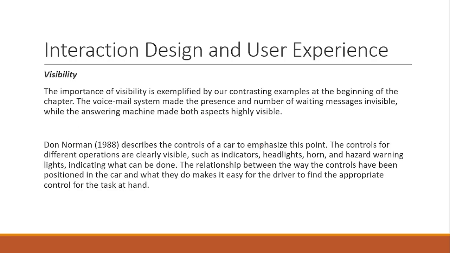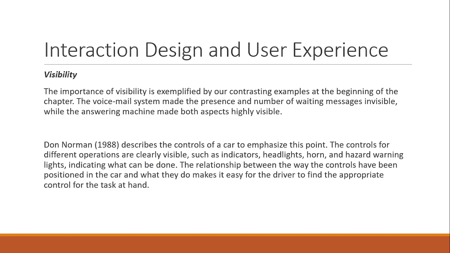So with the answering machine, the number of waiting messages is visible, but on the voicemail phone, we cannot know how many waiting messages there are. So the objective or goal of the user is visible.